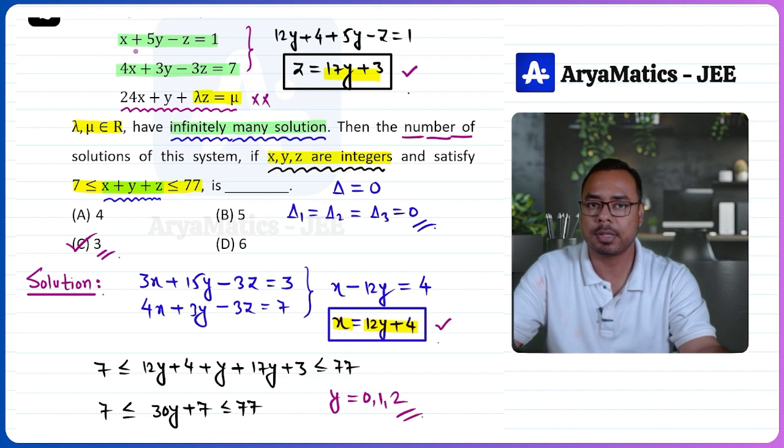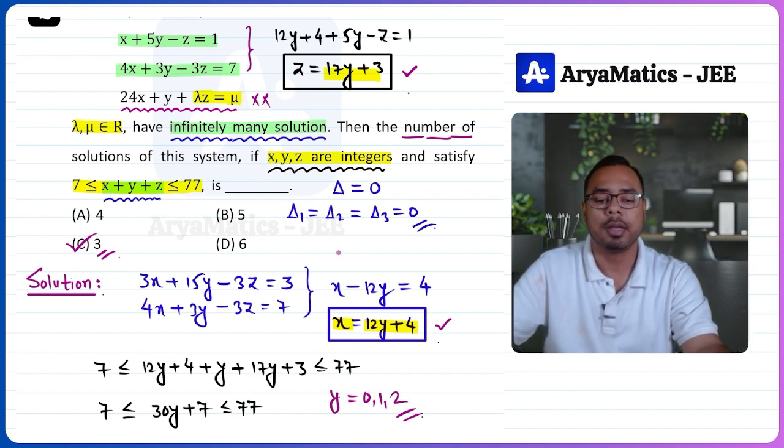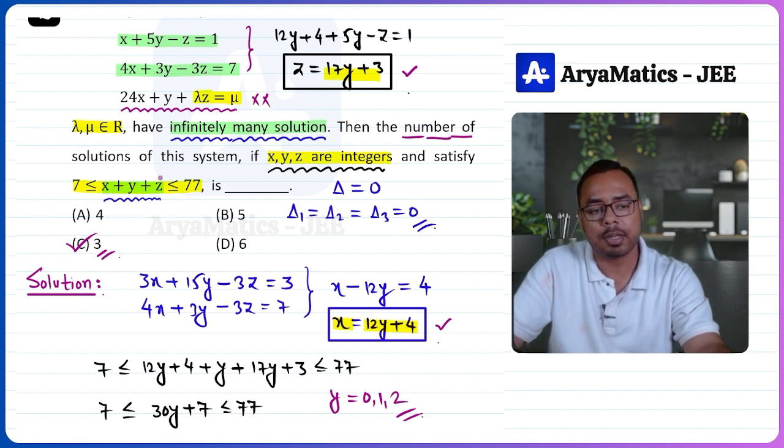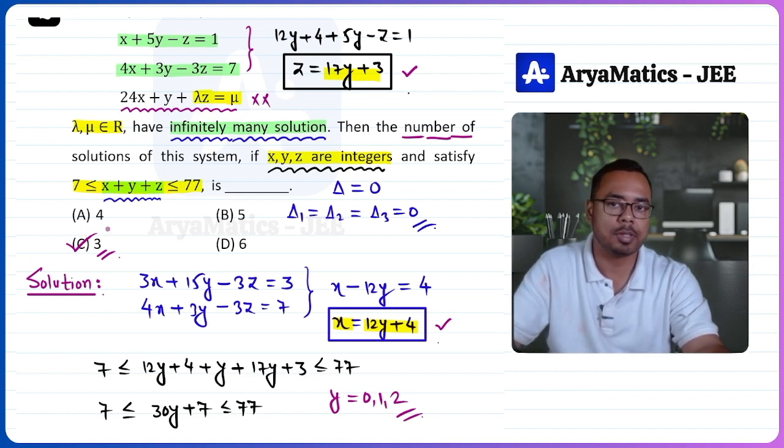It will be some combination of equations 1 and 2. Here we have expressed x and z in terms of y, and then substituted in this condition. From there we got three integral values of y, and hence the number of solutions for this system of linear equations under the given condition will be 3.